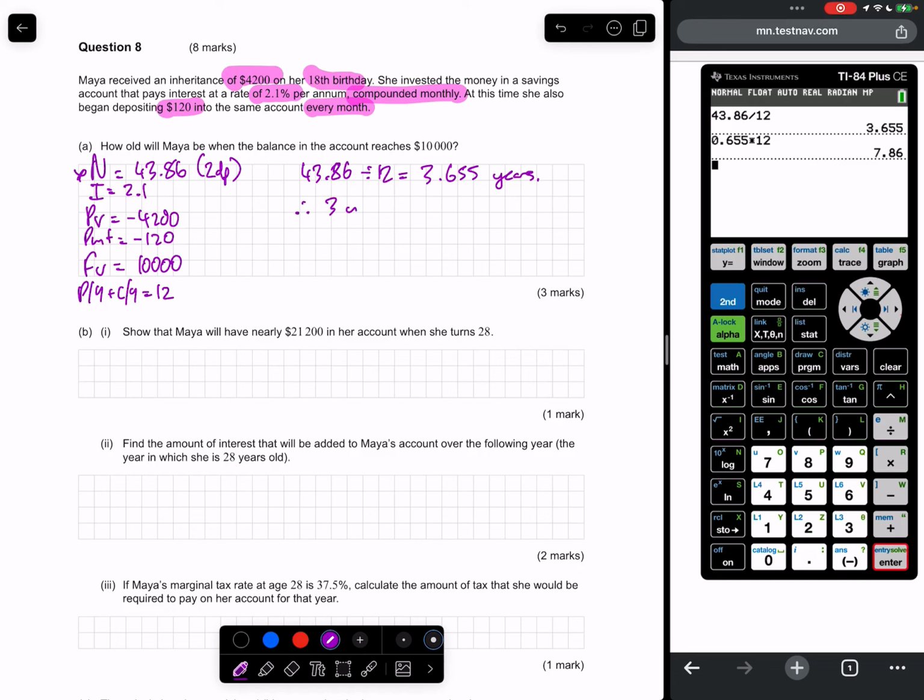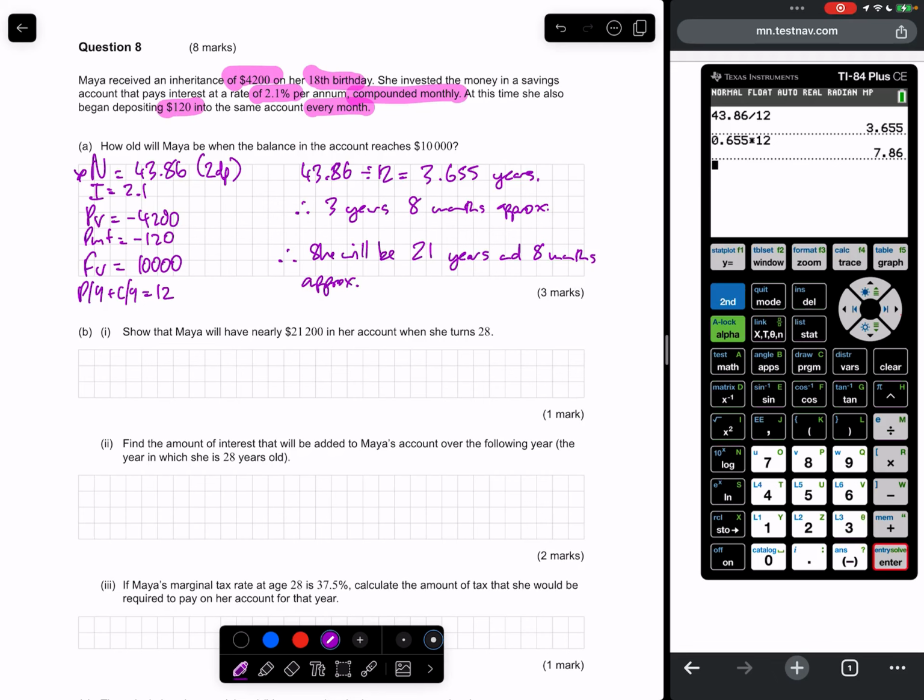Therefore, 3 years, 8 months, approximately. Therefore, she will be 18, 19, 20, 21, so 21 years and 8 months approximately.